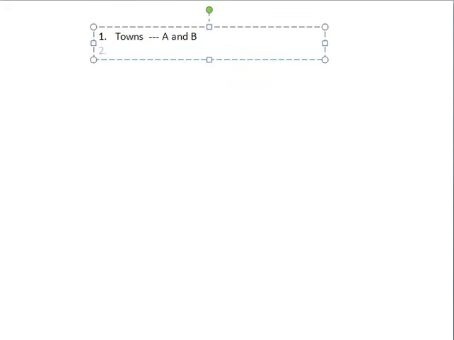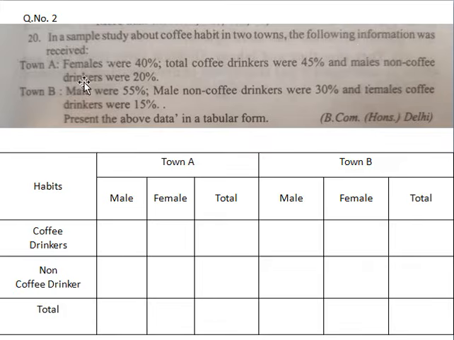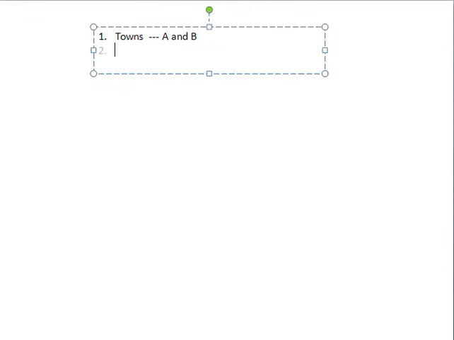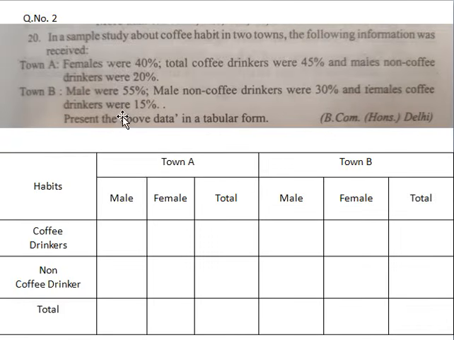Now you see the question. In town A, female were 40 and total coffee drinkers were 45%, and males. So male and female, two items are there. So it is called gender or sex. Gender is another variable. In the gender, male and female is there, right? Then move to the question.